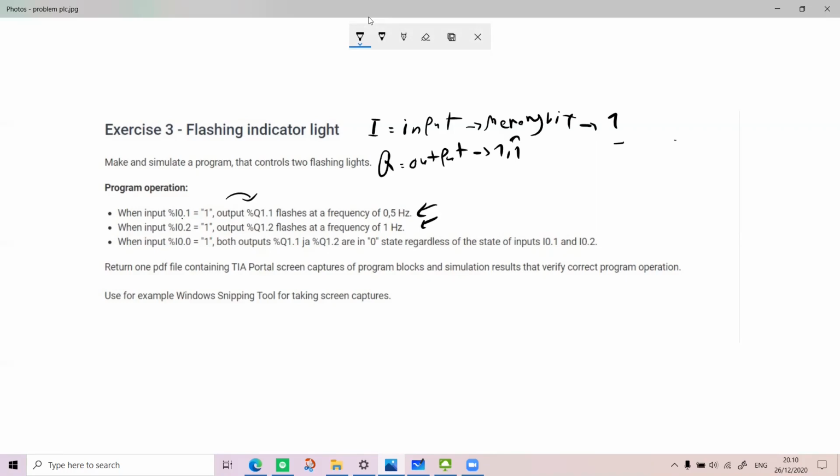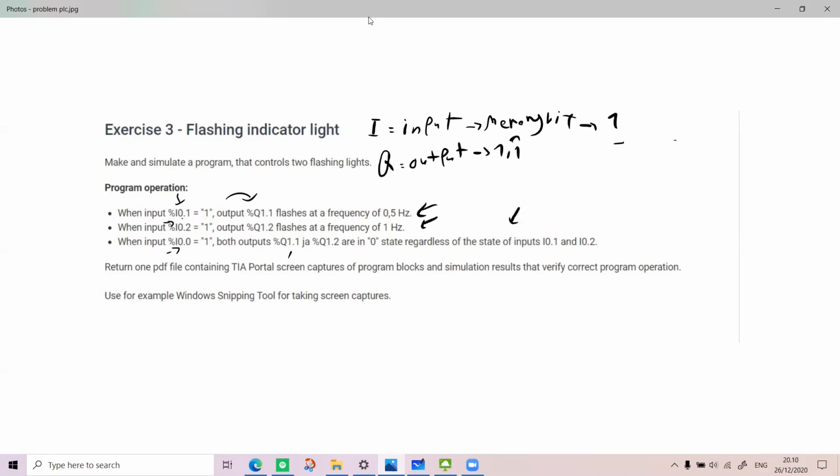And the final sentence is saying that when the input 0.0, so another input, perhaps another switch, so if this is switch number 1, switch number 2, then switch number 3 is on, both outputs, so input 0.0 seems to be controlling both of the lights. So output 1.1 and 1.2 are in zero state.